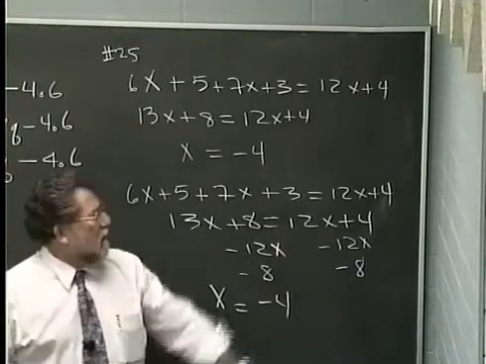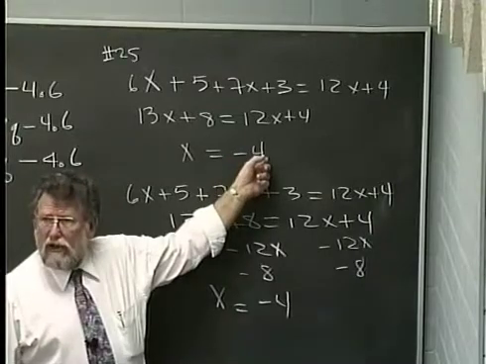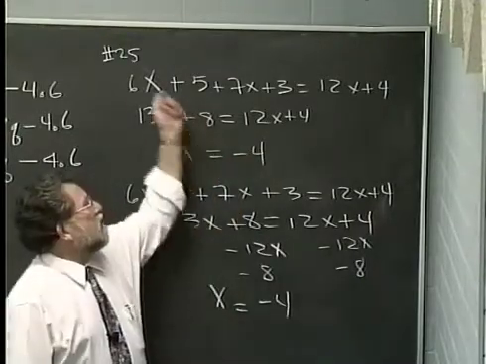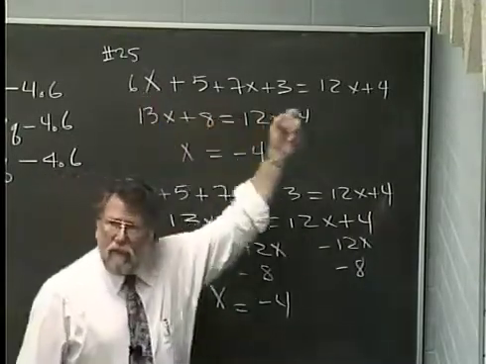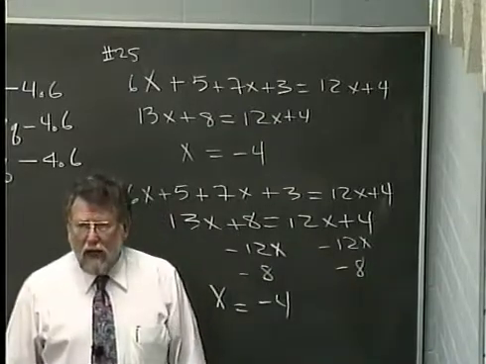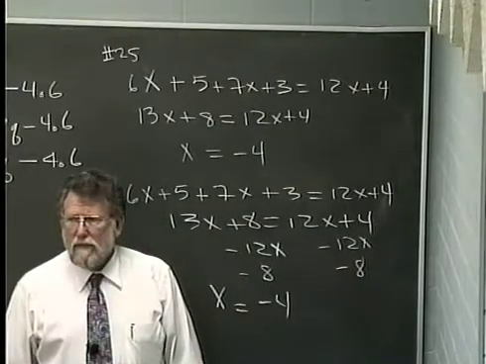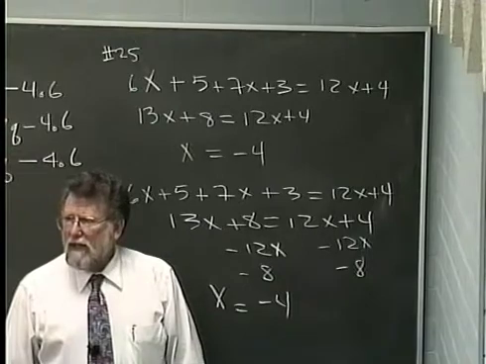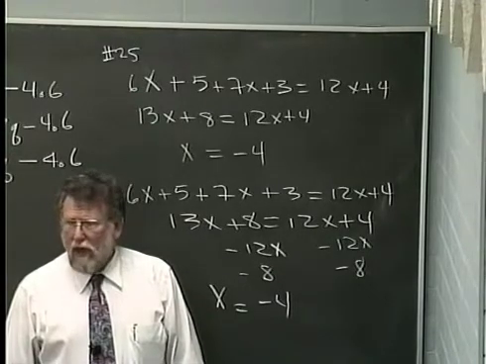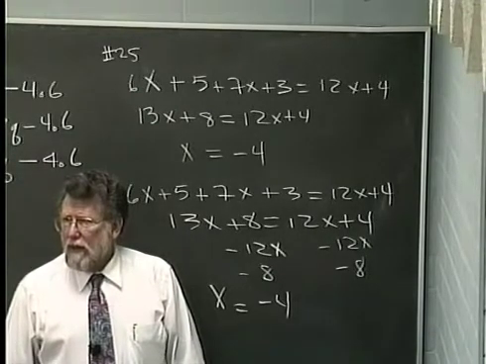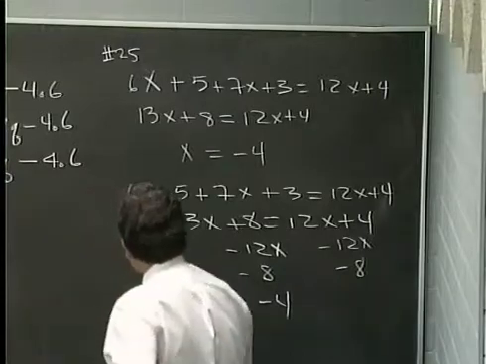Now, how do you check a problem? You take this solution and substitute it for x in every part of the problem in the line. Checking a problem can take twice as much time as solving the equation. Let's see what would happen as I check this problem.